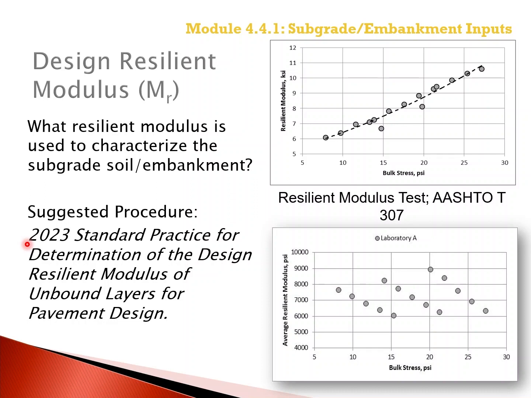And so we're going to briefly go through an example to show and demonstrate the determination of the design resilient modulus for a specific example, and provide an overview of this 2023 standard practice for determination of the design resilient modulus from the 12 to 15 resilient modulus values measured in the laboratory on one test specimen.